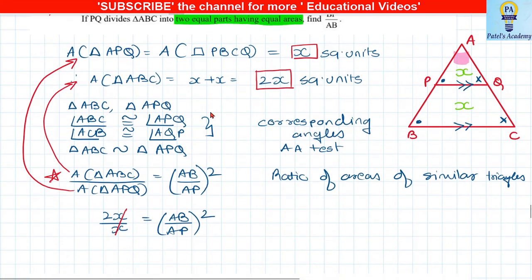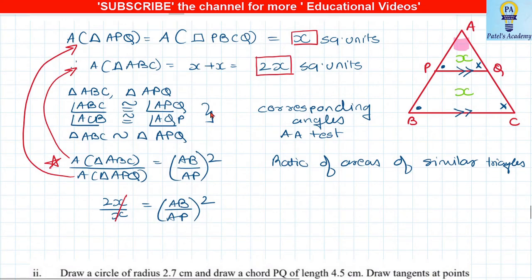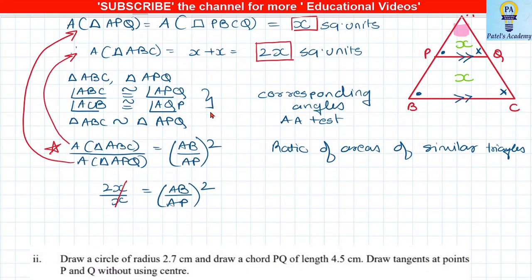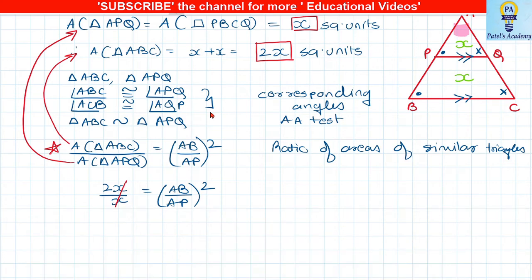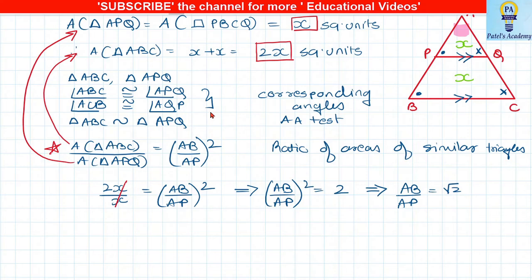So (AB upon AP) whole square equals 2. After taking the square root, what do we get? AB upon AP is root 2.